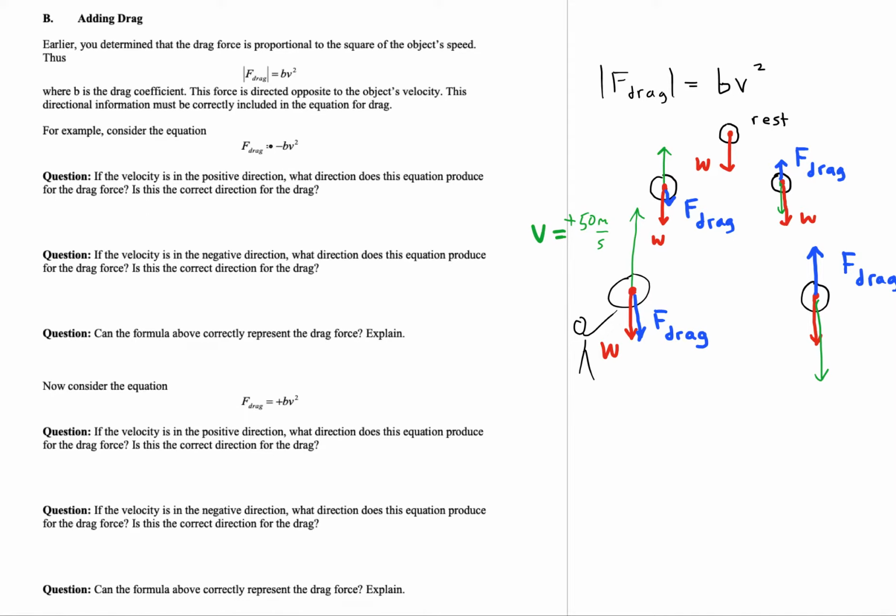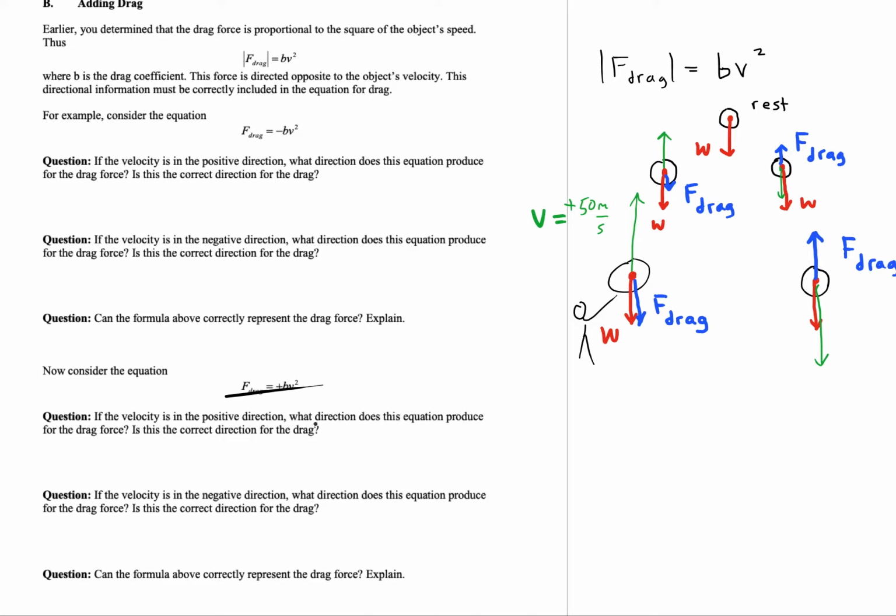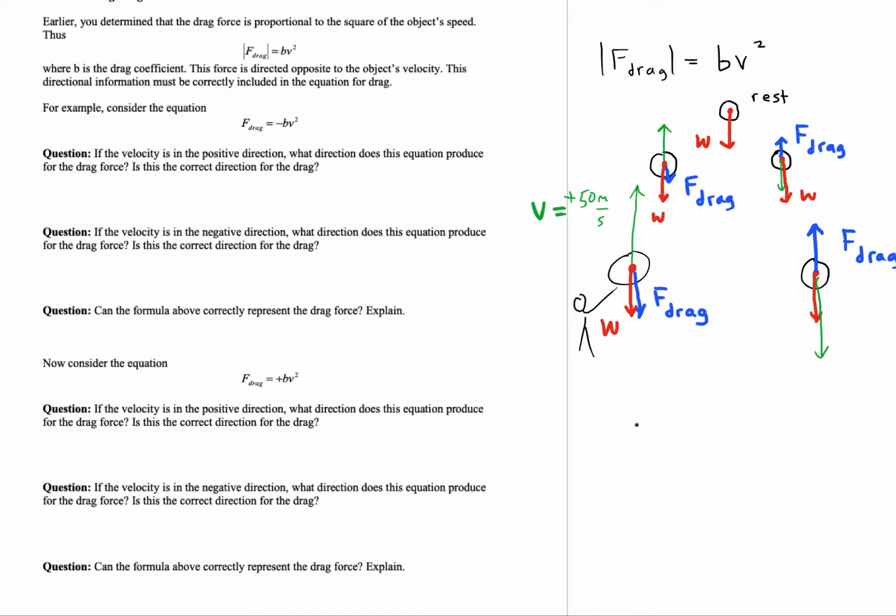The problem is, what if the velocity was negative? You'd square it, and you'd still get a negative. So that wouldn't work, is what they're saying. And this one wouldn't work either. Because if the velocity was positive, then your drag force would be positive, so that's not what you want.